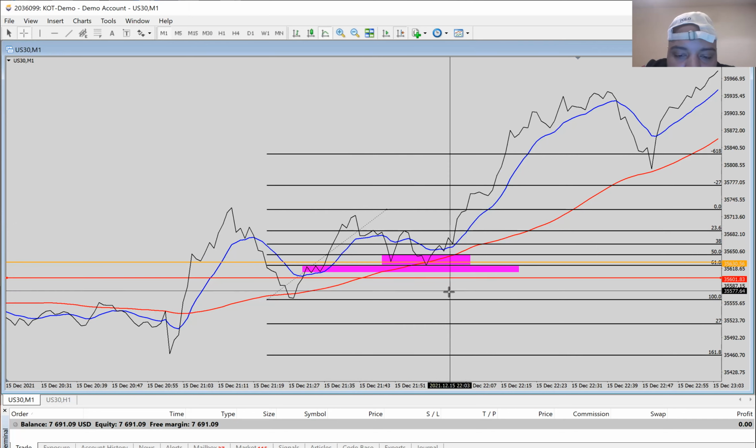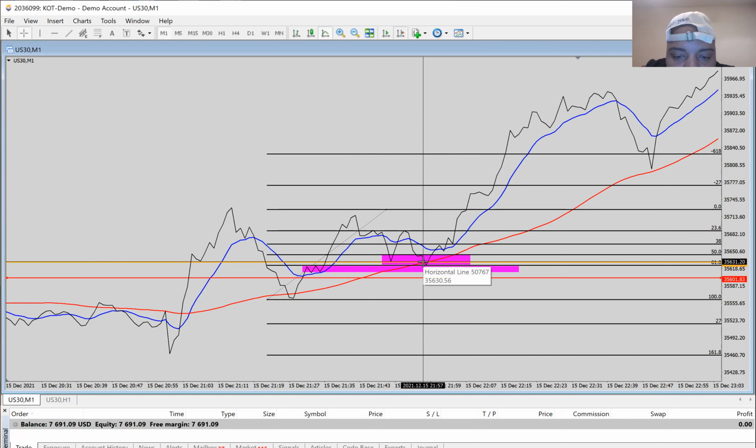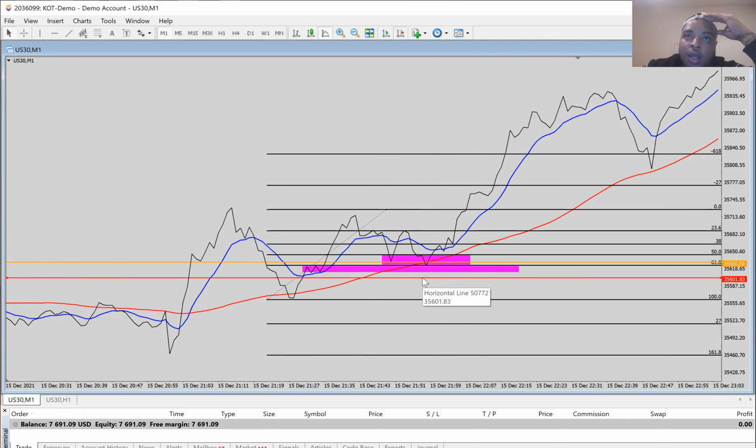I don't know how many pips that is, but depending on what you had in your account or how much you want to lose, that should determine it. A stop loss is not a spot that's perfect where the market's not going to hit. A stop loss is based off your entry, your lot size, and how much you have in your account or how much you're willing to lose.